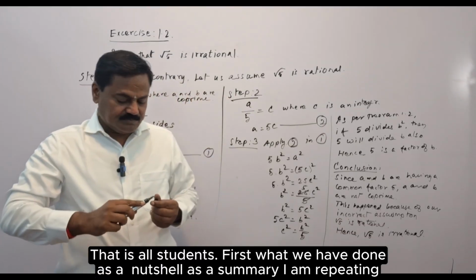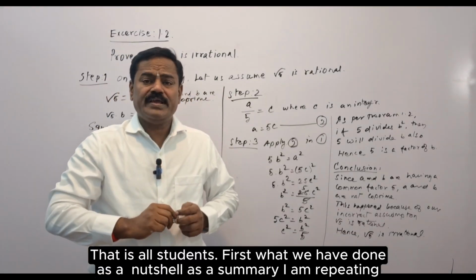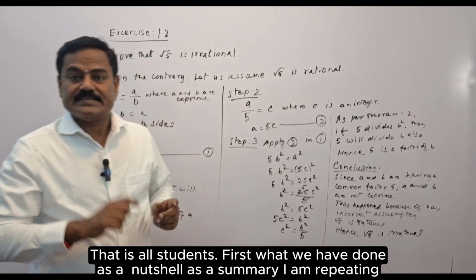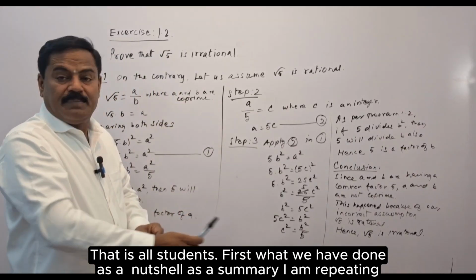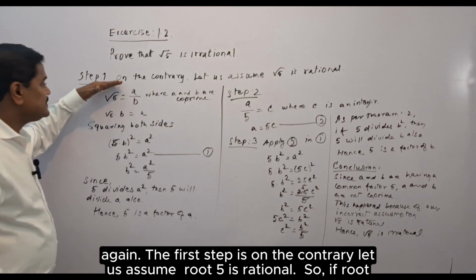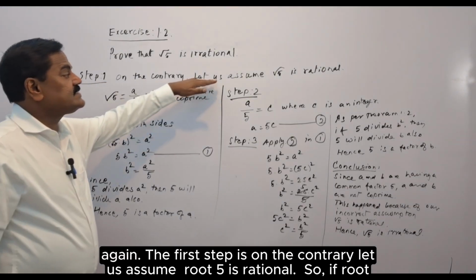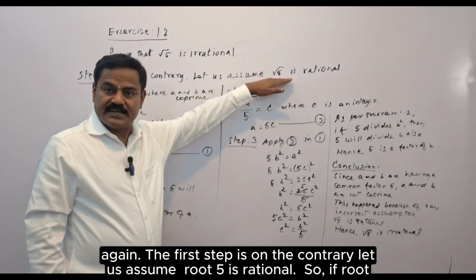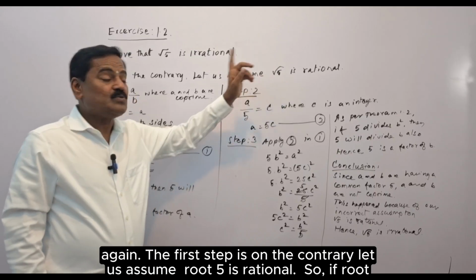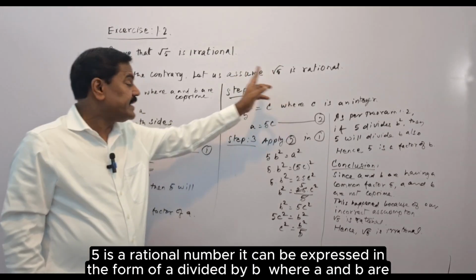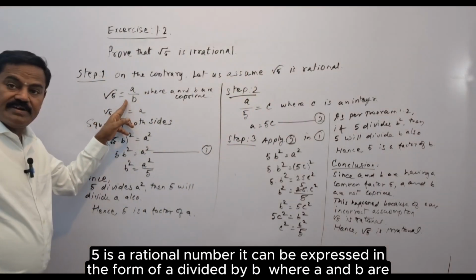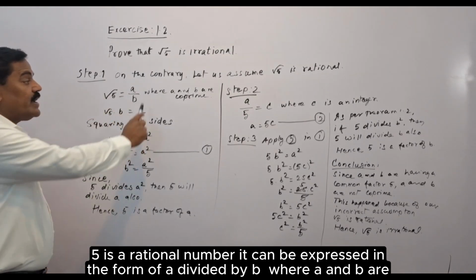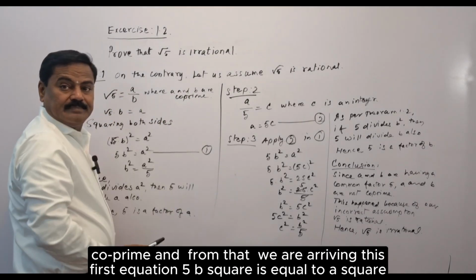That's all, students. As a summary, I am repeating again. The first step is, on the contrary, let us assume root 5 is rational. If root 5 is a rational number, it can be expressed in the form of a divided by b, where a and b are co-prime.